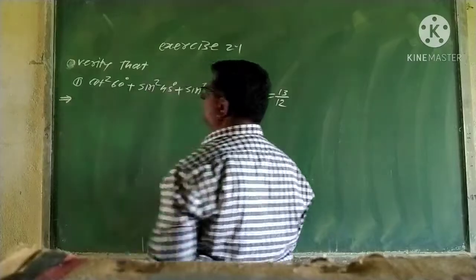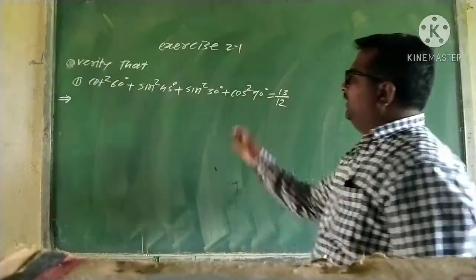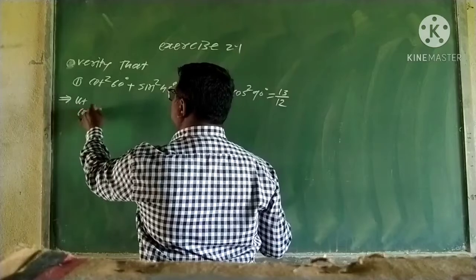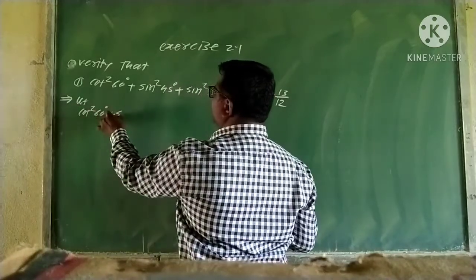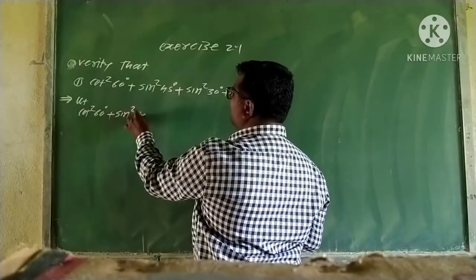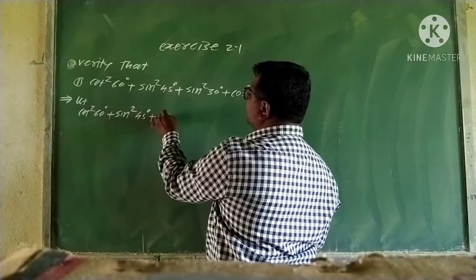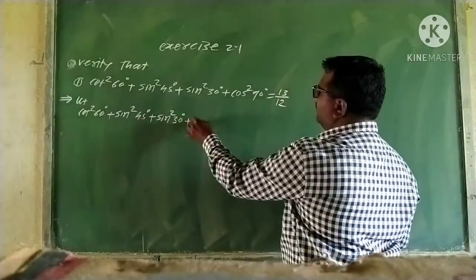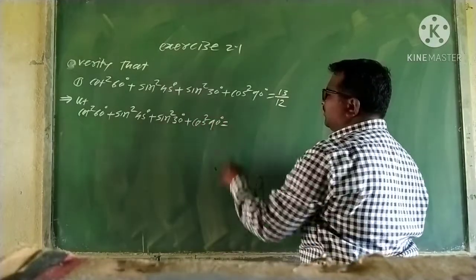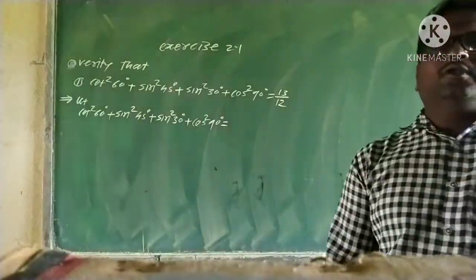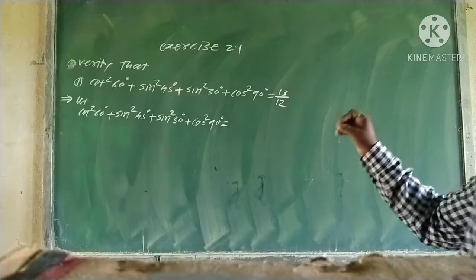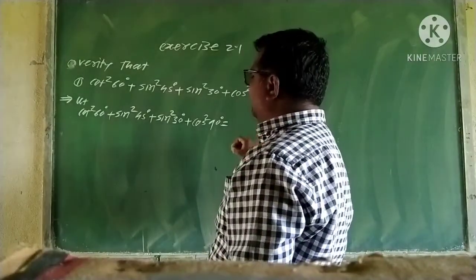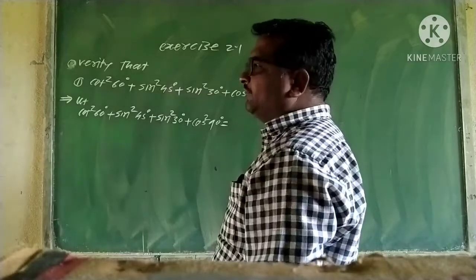Now we have the solution. In this problem we have to put in the values of cot of 60, sin of 45, sin of 30 and cos of 90.